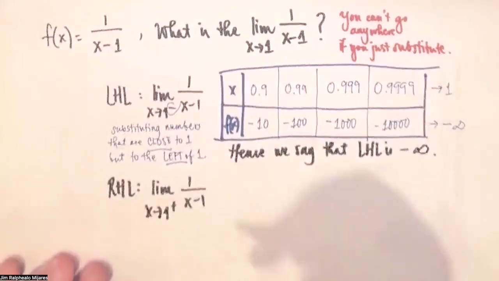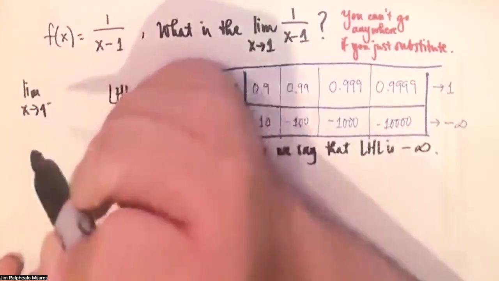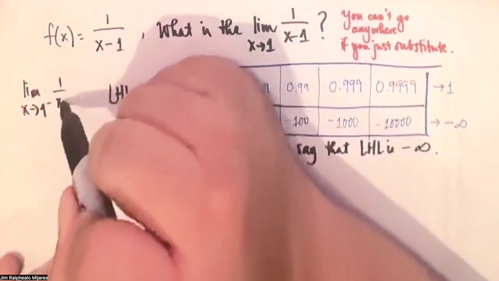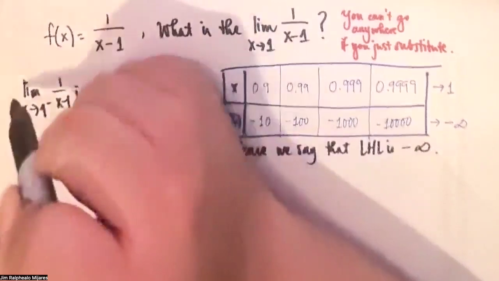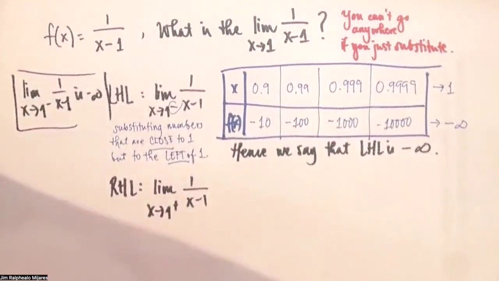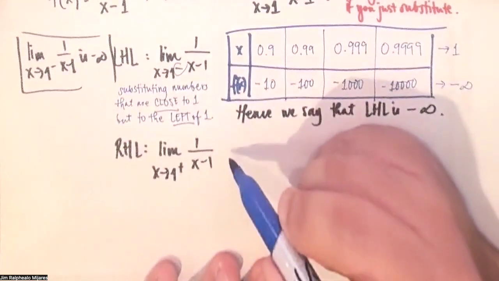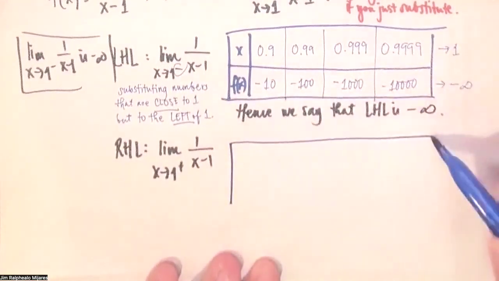Or that the limit as x approaches 1 from the left of 1 over x minus 1 is negative infinity. Now, if we do the same thing for the right-hand limit, that's not a hardship again.